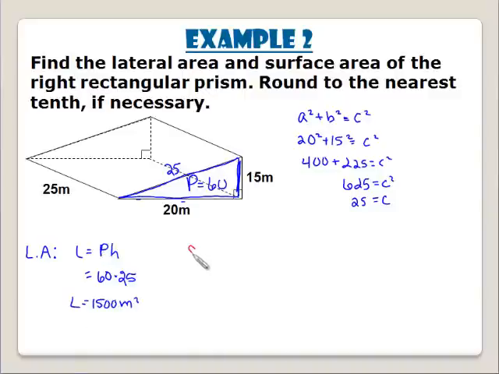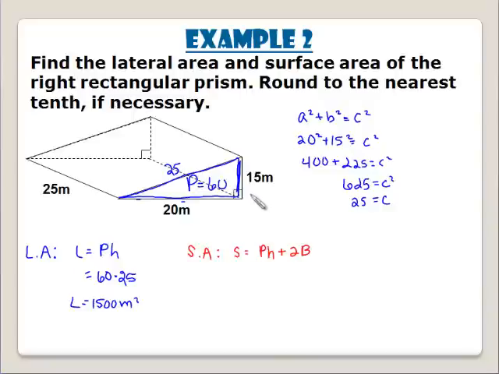Okay, now we're going to do surface area. I'm going to put SA for surface area. So the equation for this is the lateral area plus 2 times the area of the base. Okay, well, remember my base is a triangle. So to find the area of the base, since it's a triangle in this prism right here, we have to use the area of a triangle.